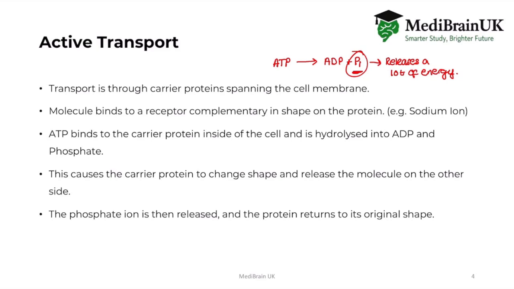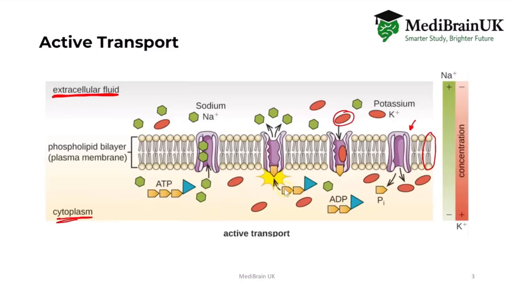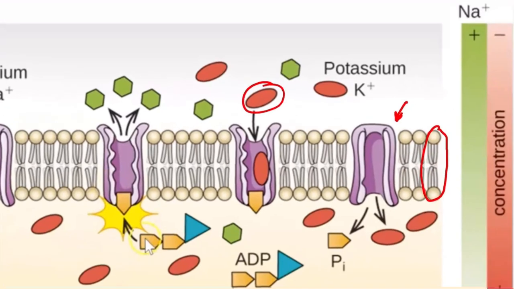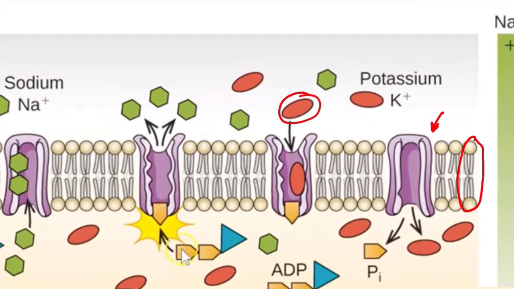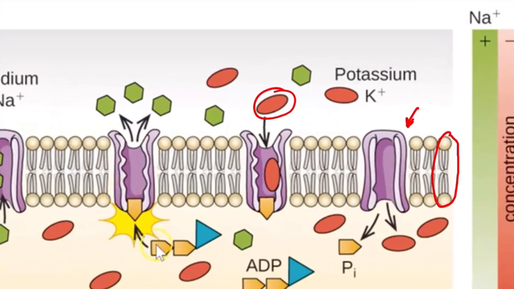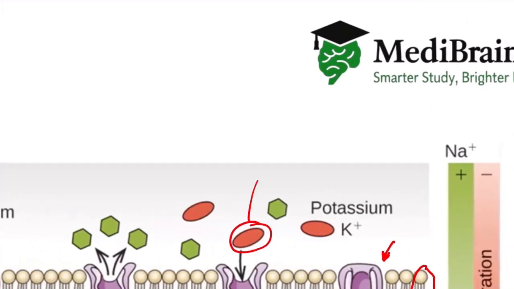So going over it once again, if we go back over here onto this image and we focus on this molecule over here, what's going to happen is that this molecule binds to a receptor.